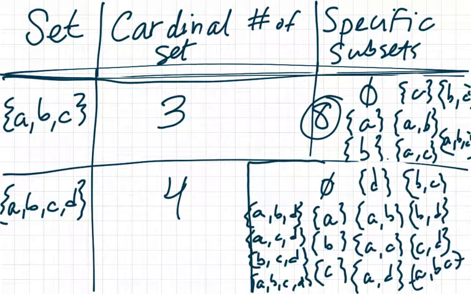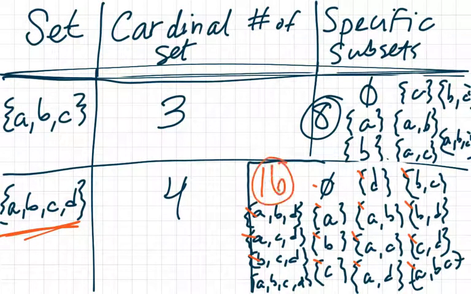Listing them all out, I had to give myself some extra space, because we have the empty set, the sets containing A, B, C, and D, then AB, AC, AD, BC, BD, CD, then ABC, ABD, ACD, BCD, and the set containing A, B, C, and D. Those are all the subsets when I have 4 elements, and I end up having 16.